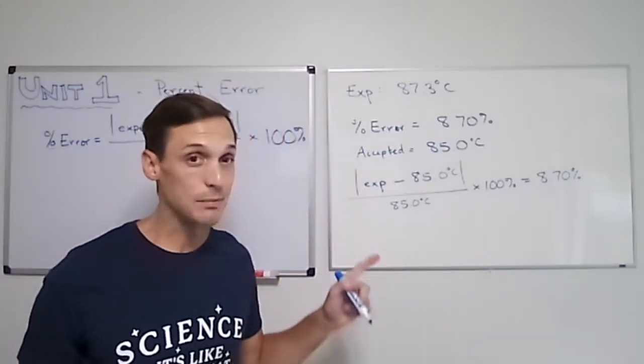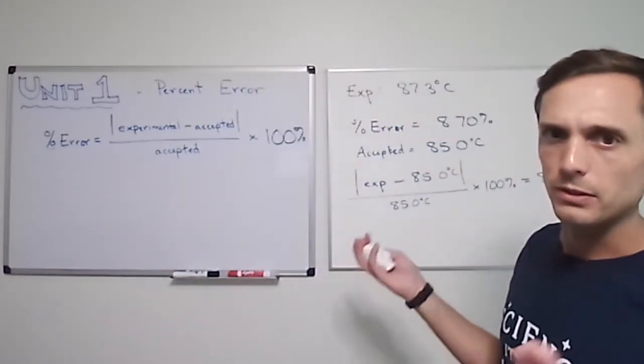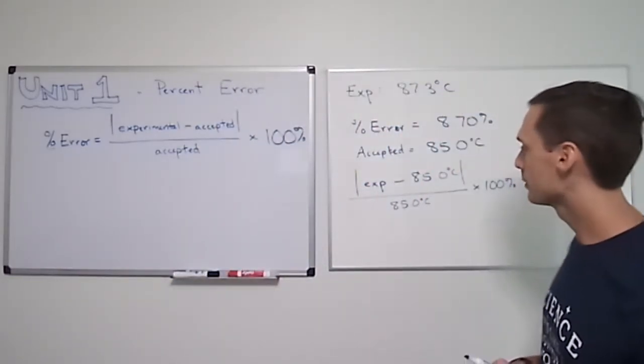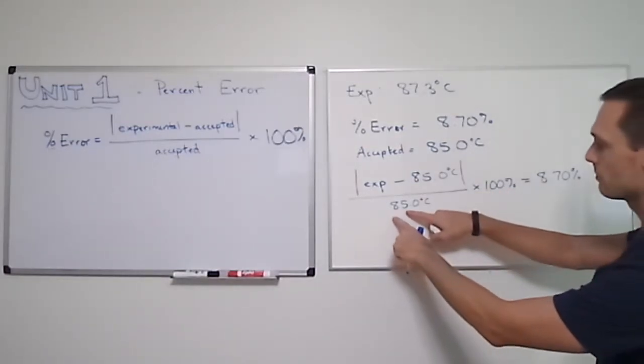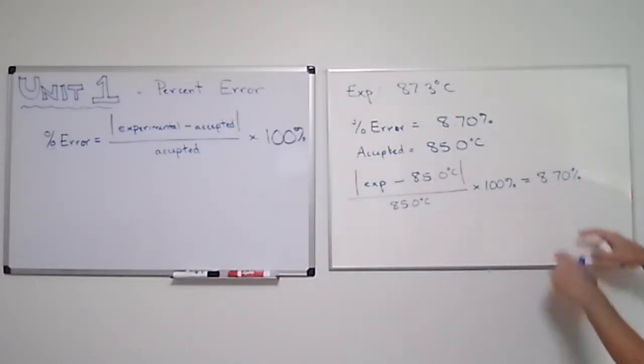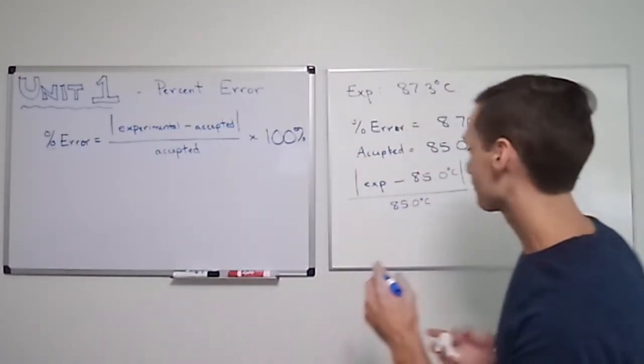Notice these absolute value signs, they're going to make it a little tricky, but hopefully you'll remember what to do from 8th grade algebra. So we'll get rid of that 100%. We'll get rid of this 85. We'll do all of that multiplication and division.